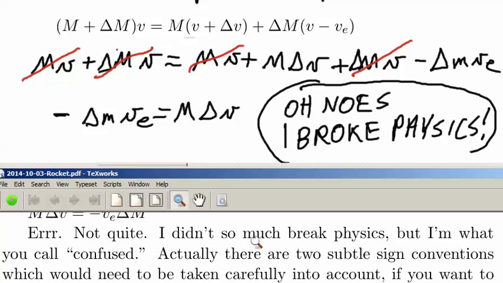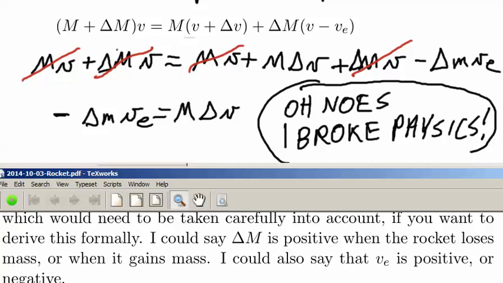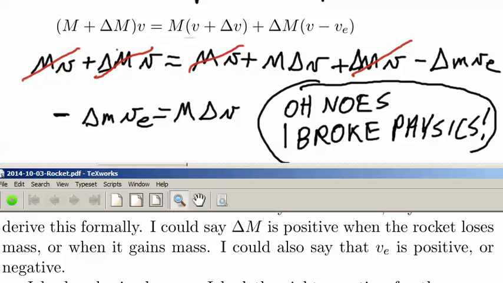Not quite. I didn't so much break physics, but I'm what you call confused. Actually, there are two subtle sign conventions which need to be taken carefully into account if you want to derive this formally. I could say delta m is positive when the rocket loses mass or when it gains mass, and I could also say that v sub e is positive or negative.